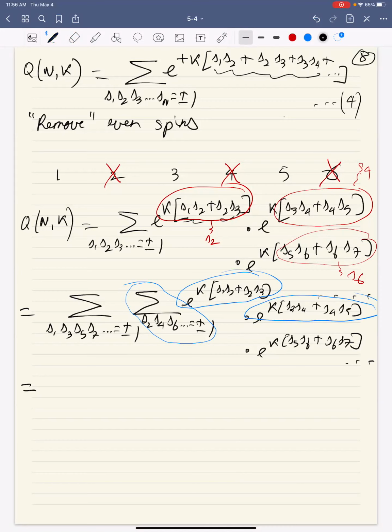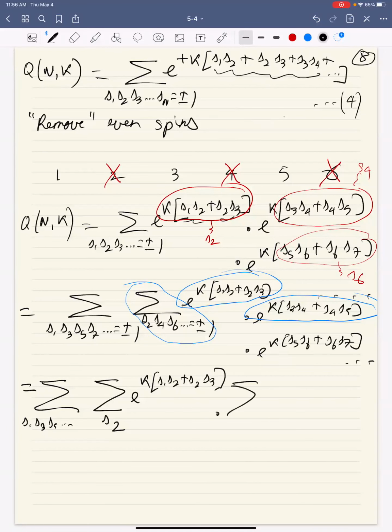So I can simplify this even more, and write it as a sum over S1, S3, S5, then a summation over S2 of e to the power K(S1 S2 + S2 S3), a summation over S4 of e to the power K(S3 S4 + S4 S5), dot dot dot, right?